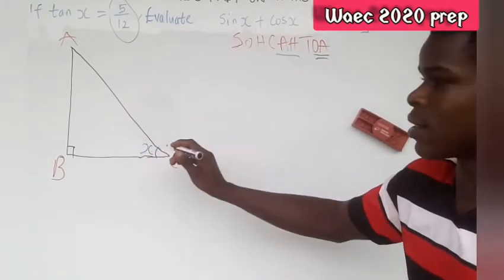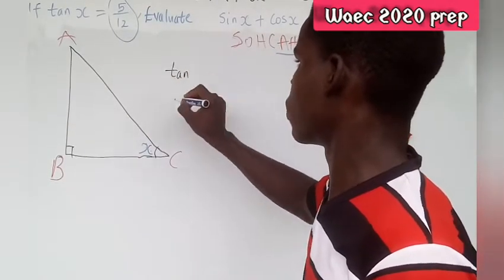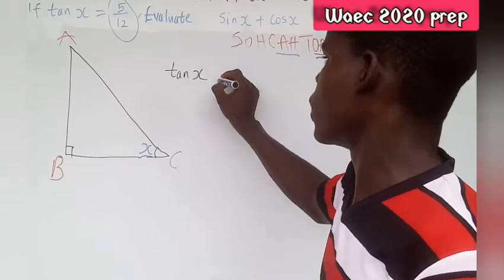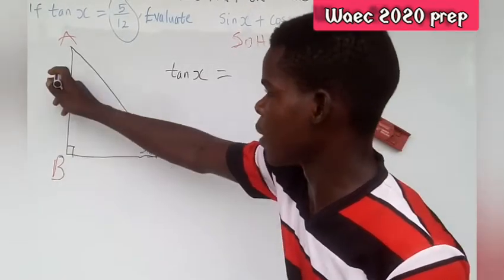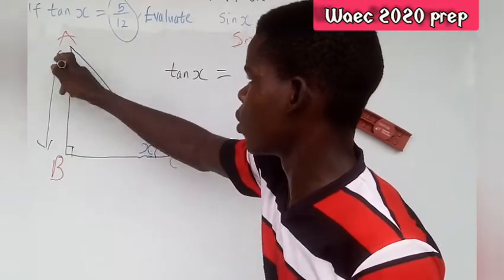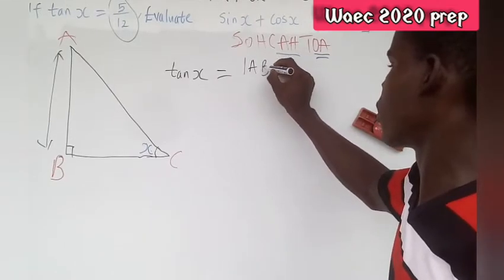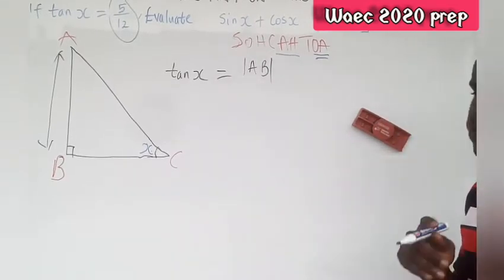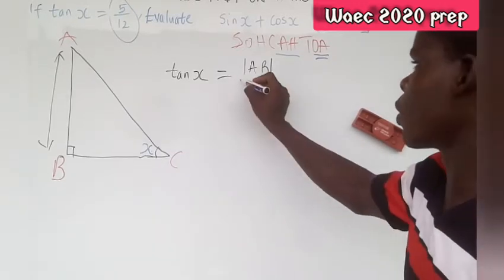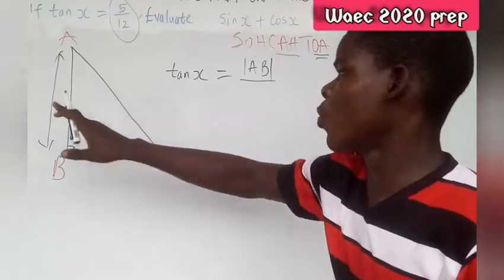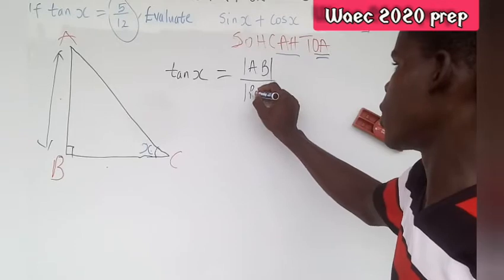So tangent x, where x is the angle, is equal to the line opposite to this angle, which is line AB, over the adjacent, line BC.